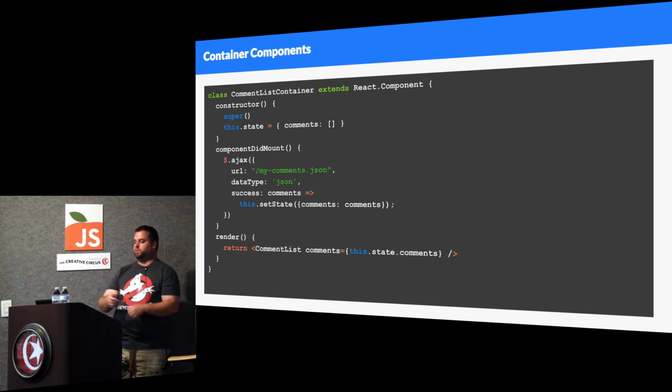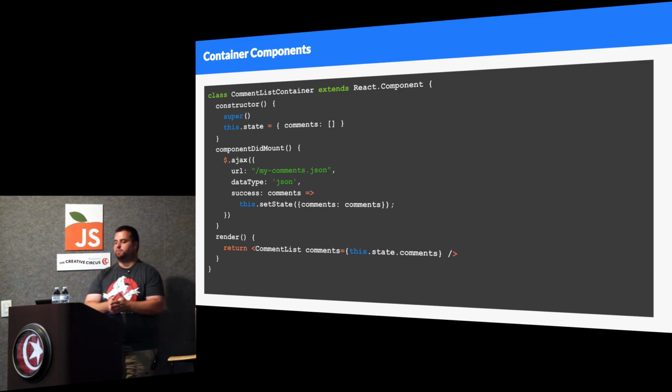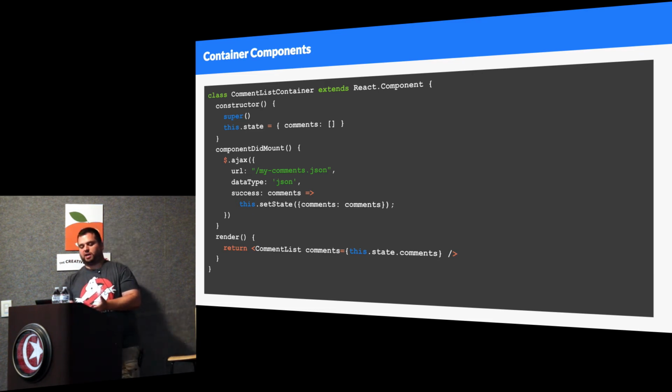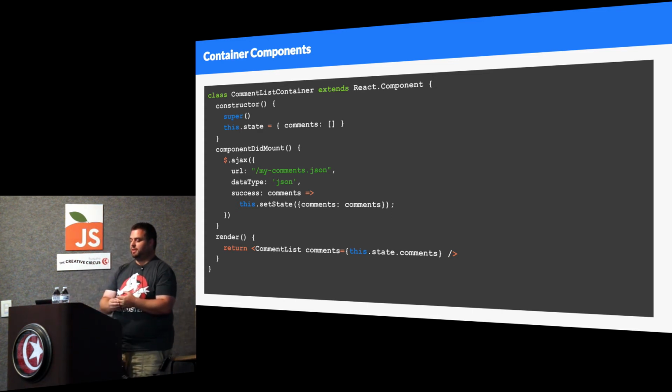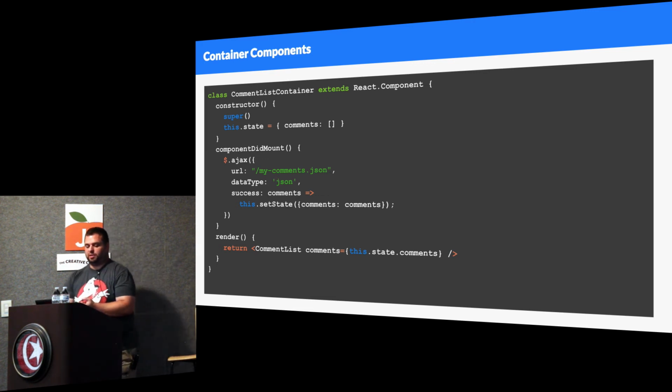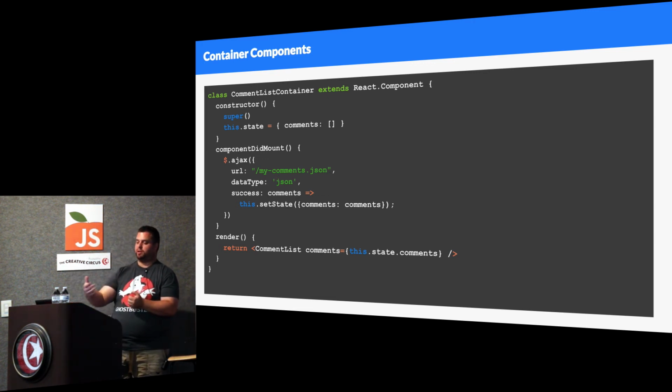So something like this with a comment list, I'm going to get a state for comments created, and then I'm going to do an AJAX call here, or fetch or something else that's more ES6-like. But essentially, I'm going to go out, grab some JSON data, pull that in, and set my state, which is then going to re-render my comment list.